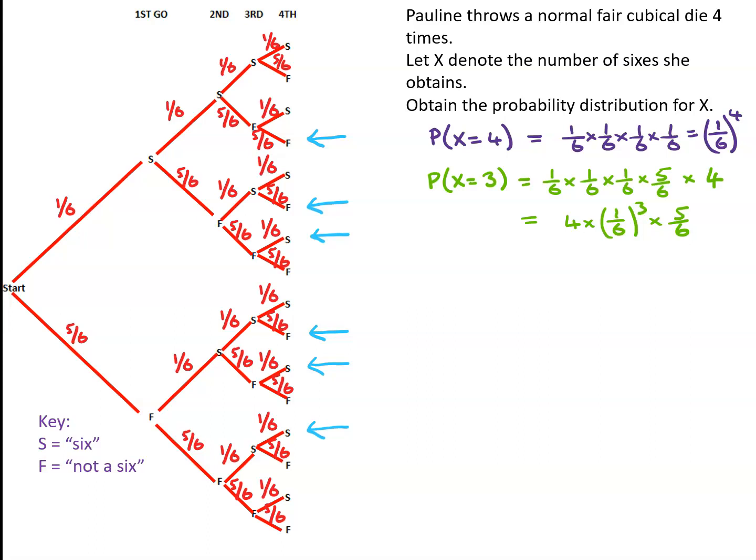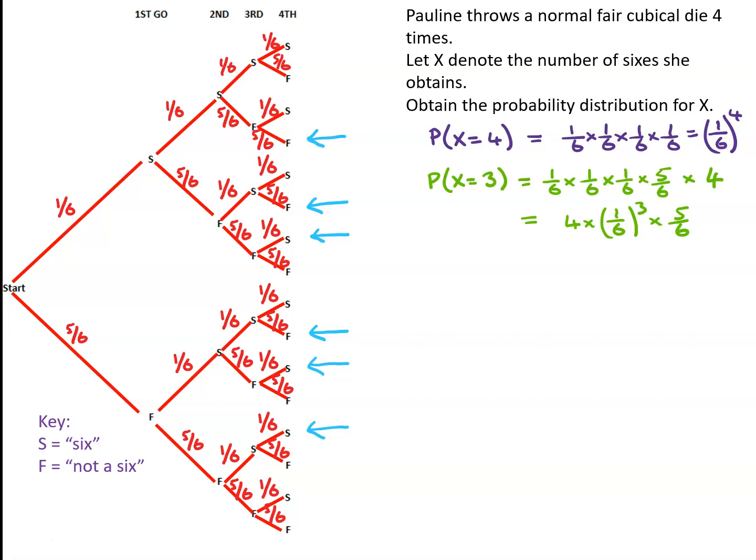But then we could also go 6, failure, 6, failure; or 6, failure, failure, 6; or failure, 6, 6, failure; or failure, 6, failure, 6; or failure, failure, 6, 6. So we can see there are 6 different routes of obtaining 2 sixes.